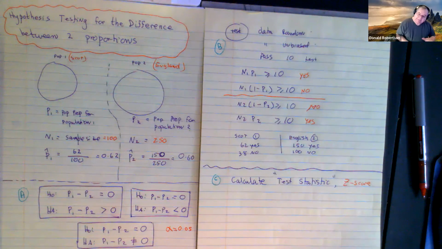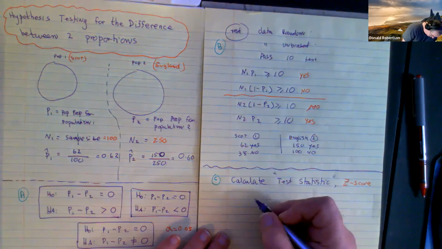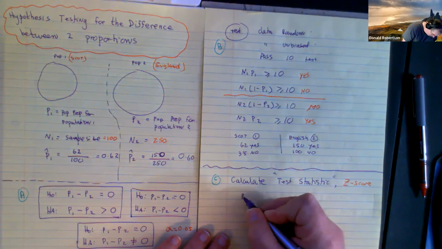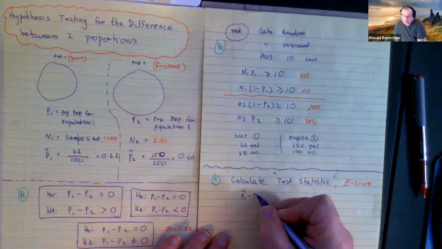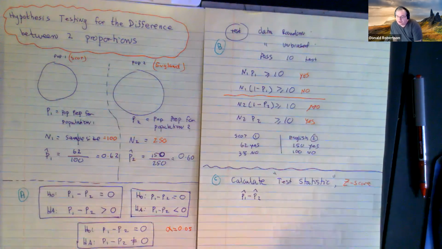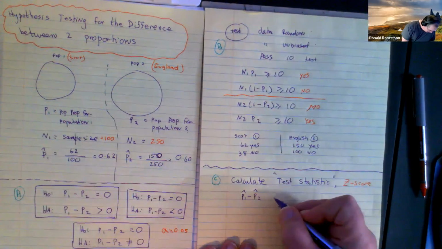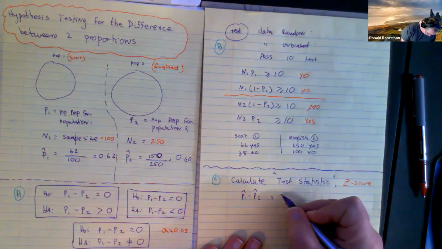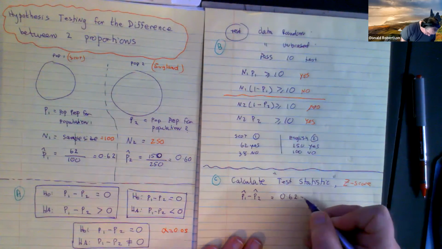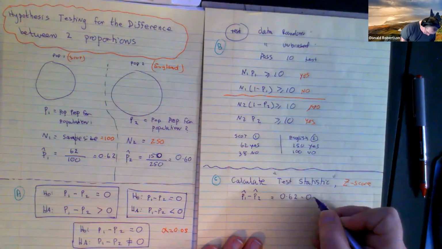So, similar in a lot of respects, but also a little bit different. For instance, we're going to calculate the difference between the two. Does that make sense, that if you're trying to figure out what the difference is, you should be using the difference of these samples? So that guy, right, difference between one and the other is what? 0.62, take away 0.60. So the difference is 0.02.